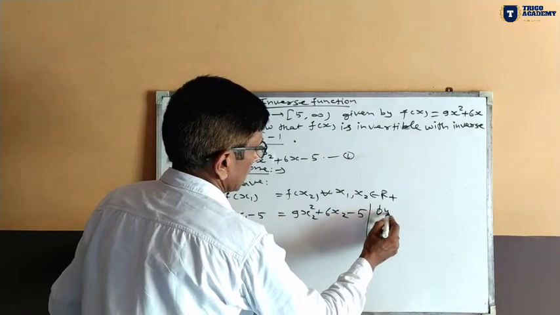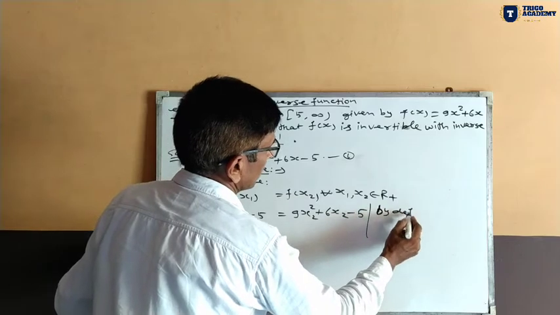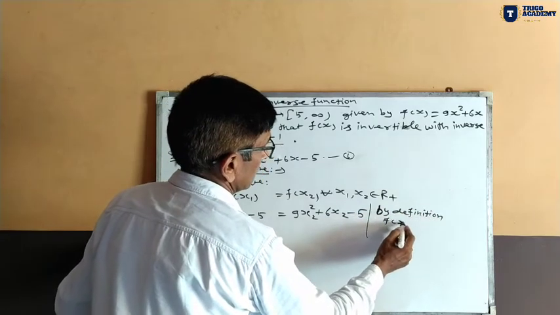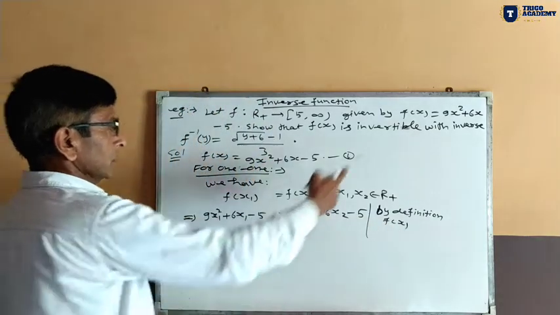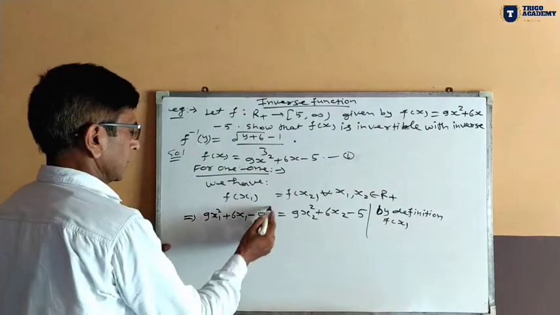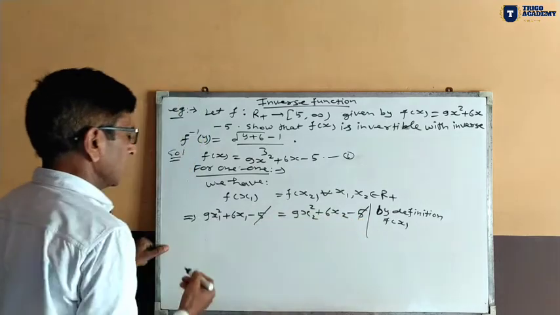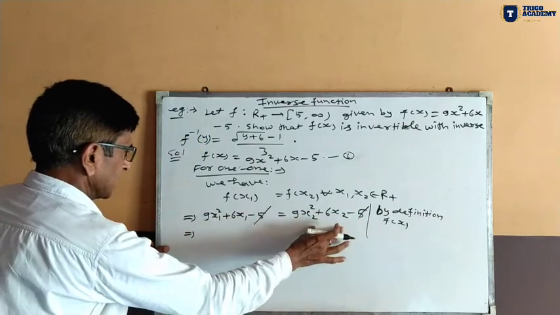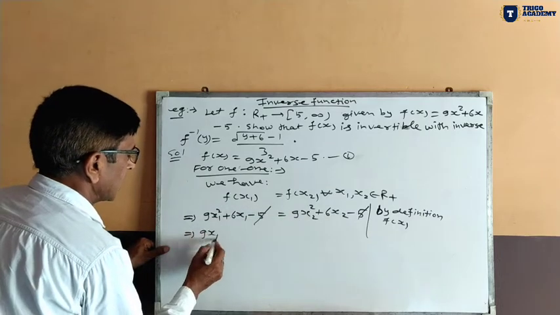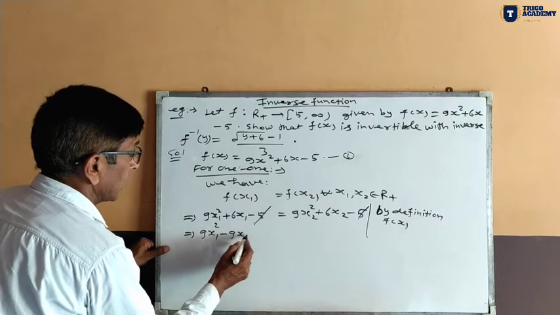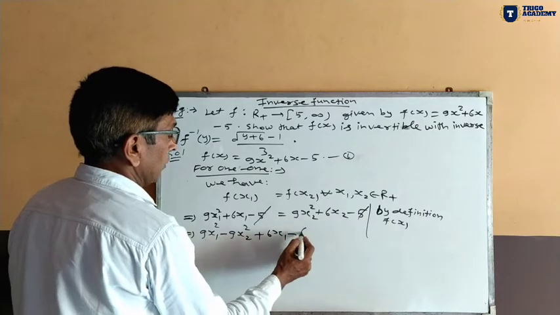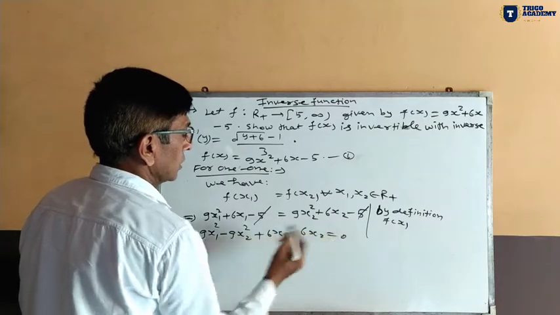By definition of f(x), we put these values. The 5 and 5 will cancel. After that, transfer these terms to this side: 9x1 square minus 9x2 square plus 6x1 minus 6x2 equals 0.